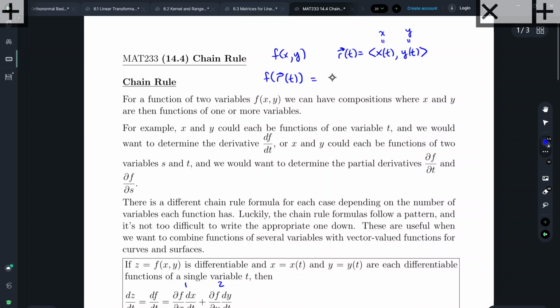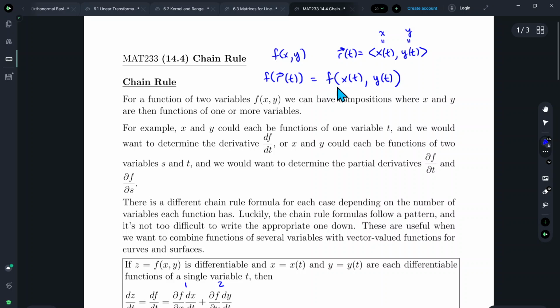And then ultimately the x coordinate here is just calculated as x of t, and the y coordinate here is just calculated as y of t. So this is an example of a composition of functions where we have this function f of two variables.